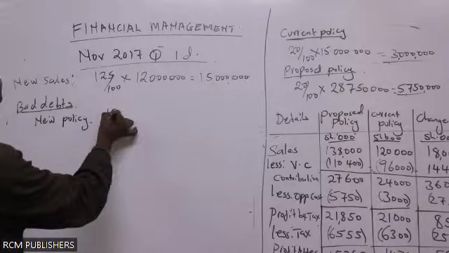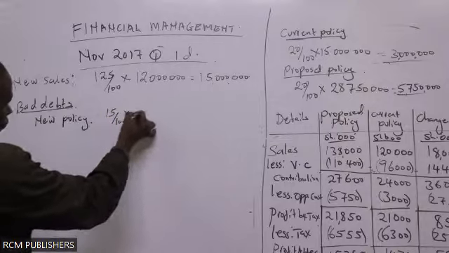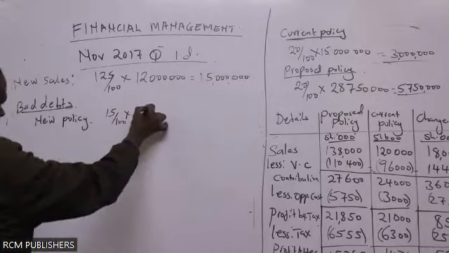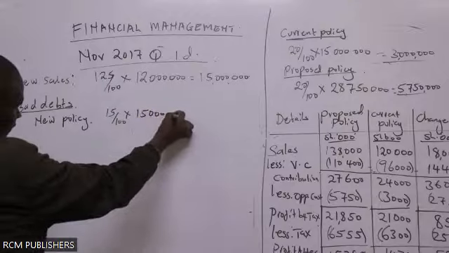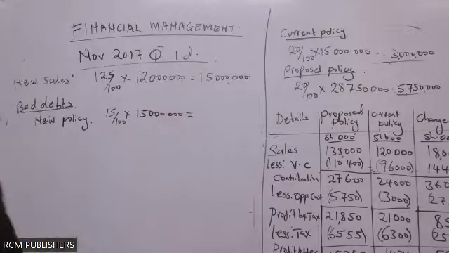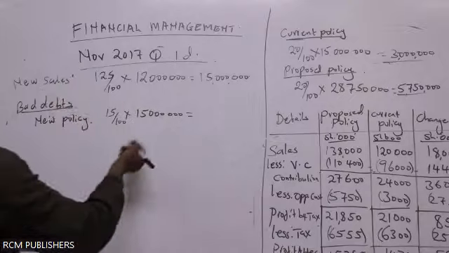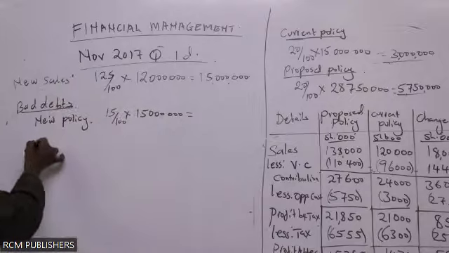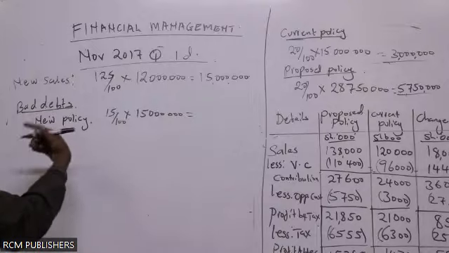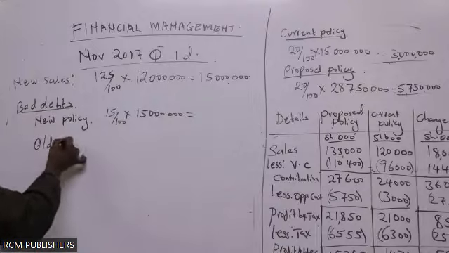Of course, it will be 15%. What about the old policy? The new policy is the proposed policy, and the old policy is the current policy.